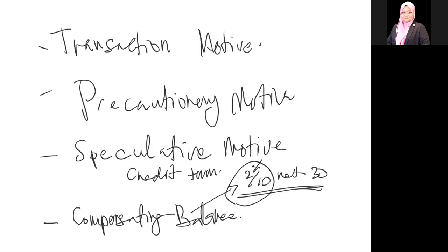There is some portion of money which you need to keep in the account. Even though you don't want to use that account anymore, even though you want to terminate that account, you still need to have a certain balance in your account. That balance, we call it compensating balance.